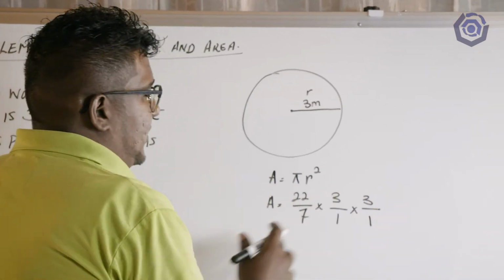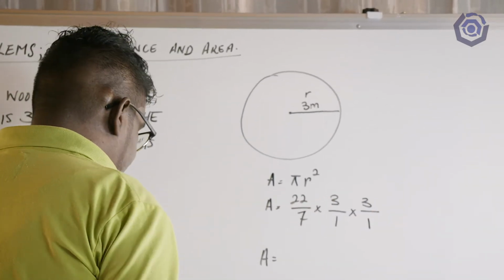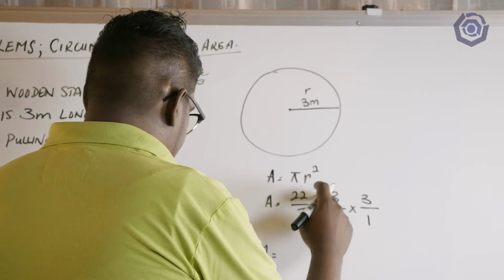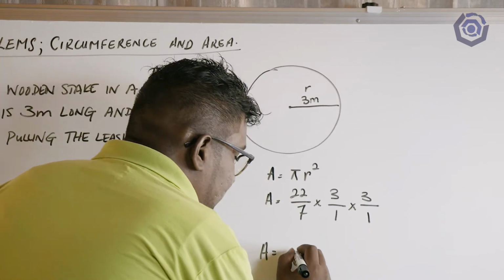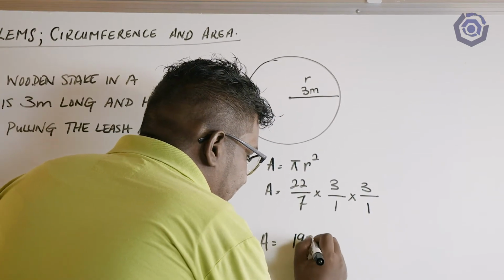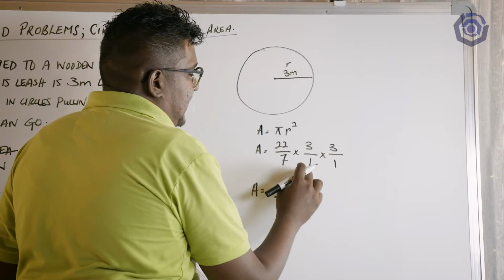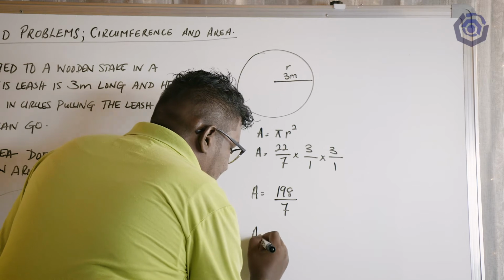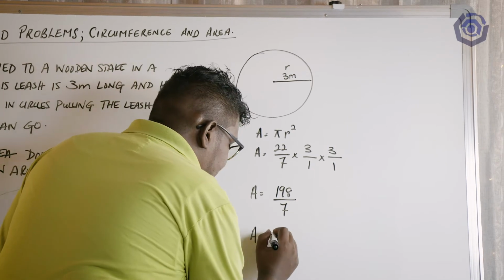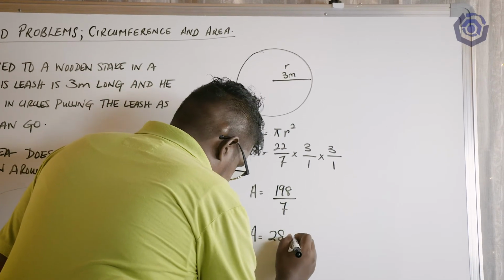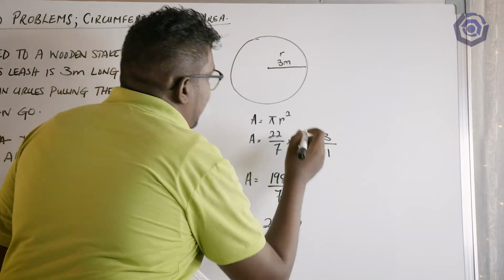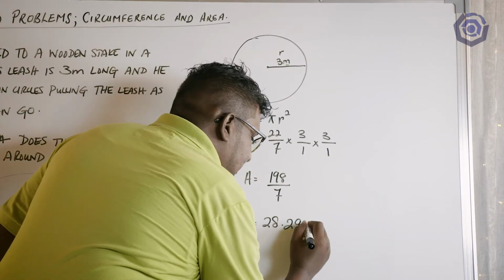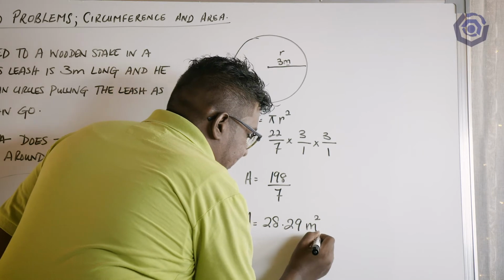A equals, and then we multiply our numerators, which is 22 times 3 times 3. That gives me 198 divided by 7 times 1 times 1, which is 7. Dividing the two, our area is going to be 28.29. We're working with meters, so my unit is meters squared.